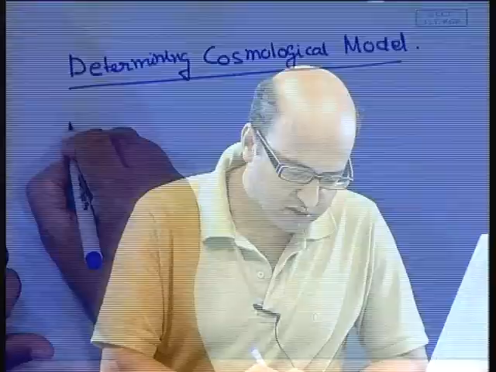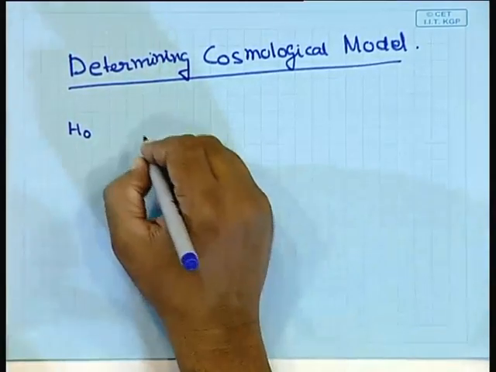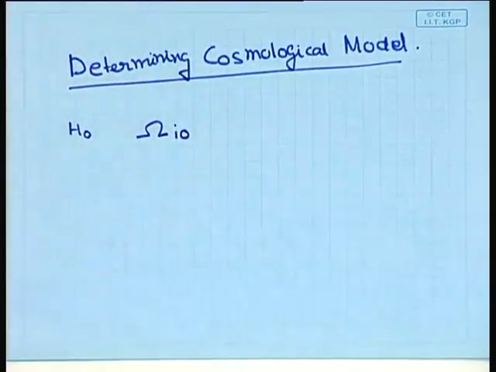So, these parameters are H naught, and then we have the omega i naught for different components. So, we have assumed that we have different components, each of which has a pressure which can be written as w_i rho c squared, and we have also assumed that there are a certain number of components.